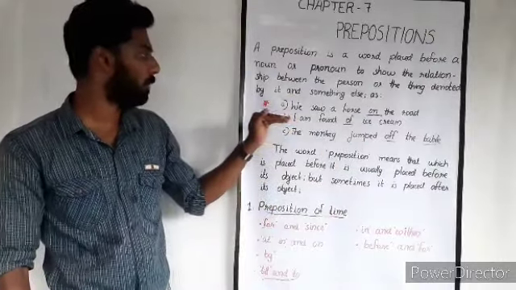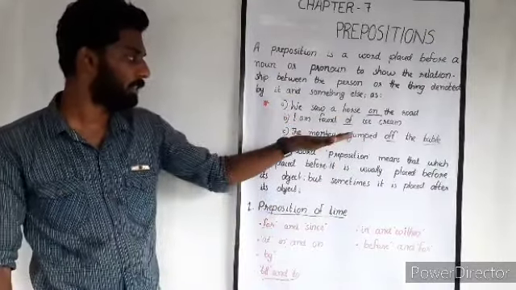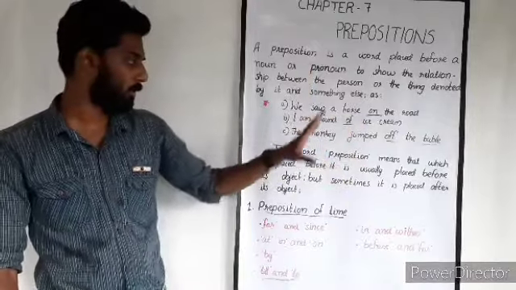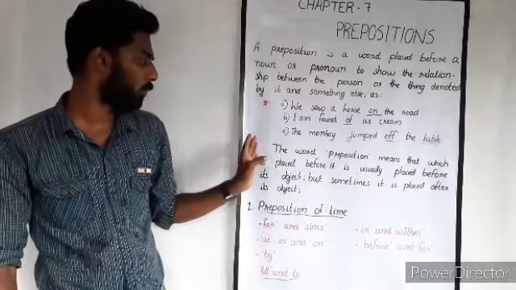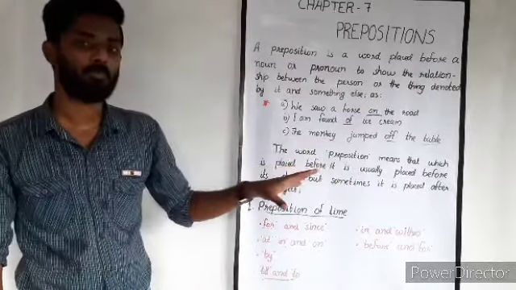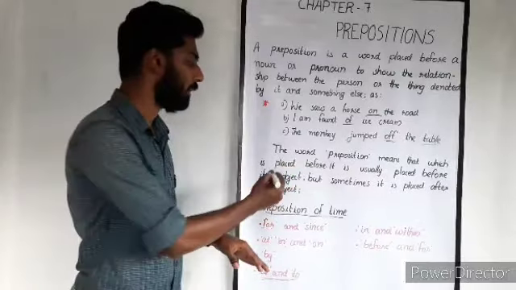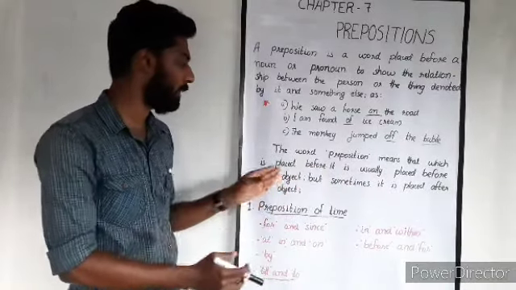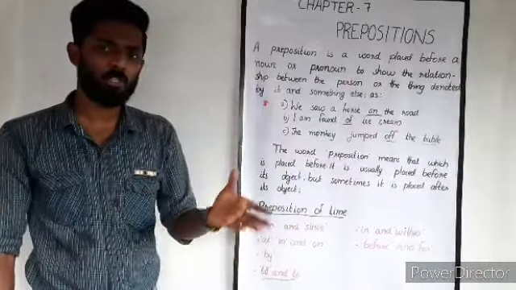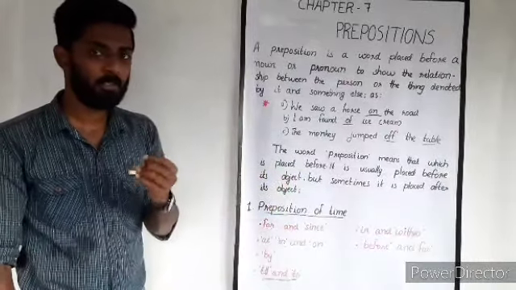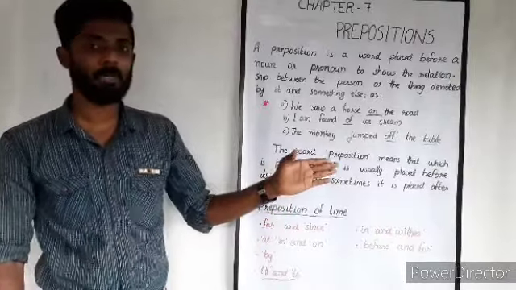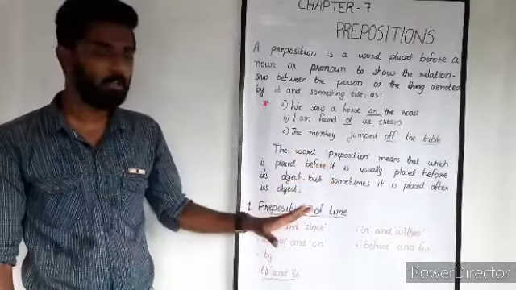And we saw the examples which we discussed and the things to keep in mind with regard to prepositions. We came to know that the word preposition means that which is placed before. The word which is placed before is known as the preposition. And there are times when we use the preposition at the end of the sentence. The things to keep in mind, we have seen already.